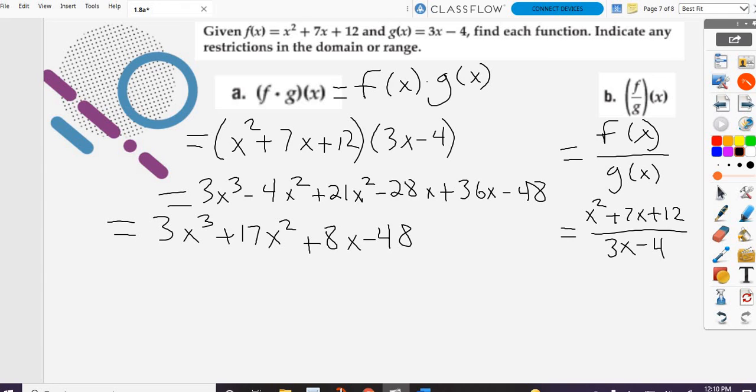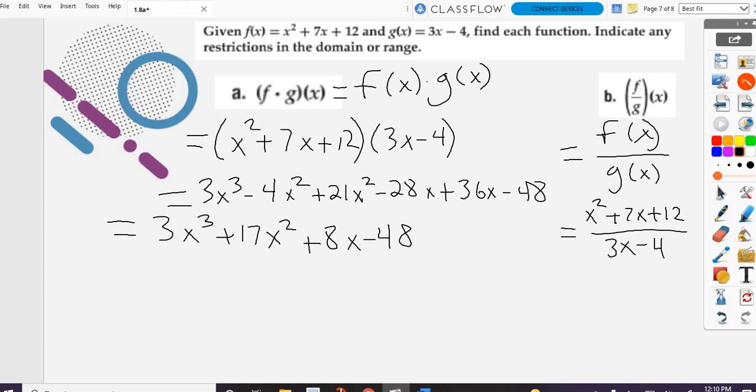We talked about reducing fractions. Remember, I cannot reduce things with x's here because I have addition on top and subtraction on bottom. So nothing will reduce in this case. Alright? So please do not just start crossing stuff out. Okay? That is simplified form. That is as much as it's going to simplify.